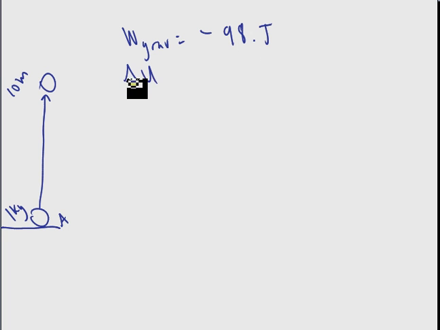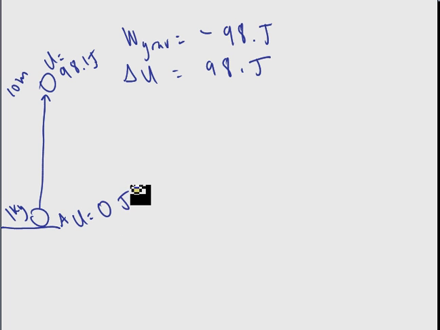So the change in potential energy is positive 98.1 joules. So now it has 98.1 joules of potential energy up here. And that's us assuming that there's 0 potential energy at the bottom, which is an okay assumption.